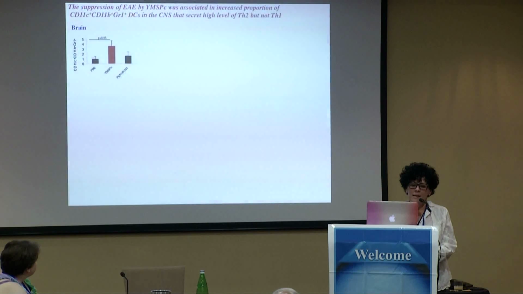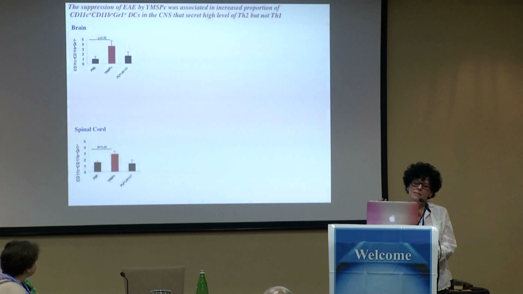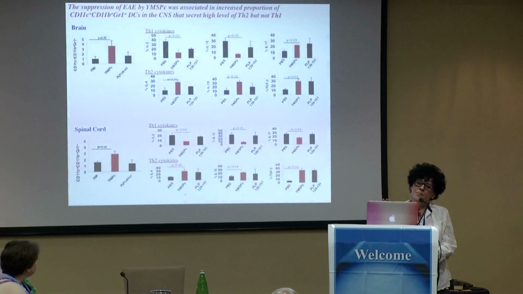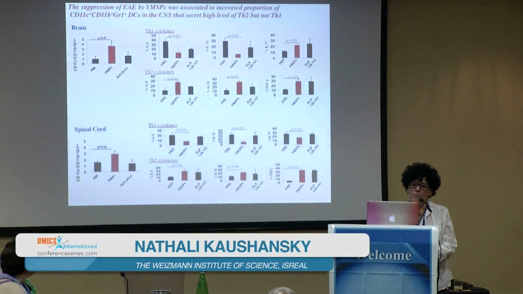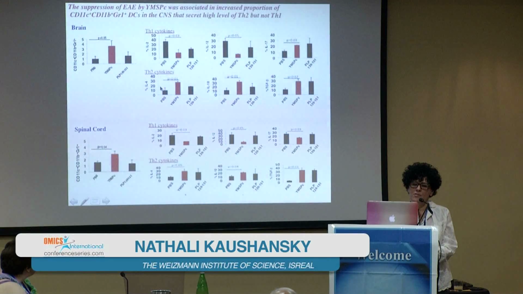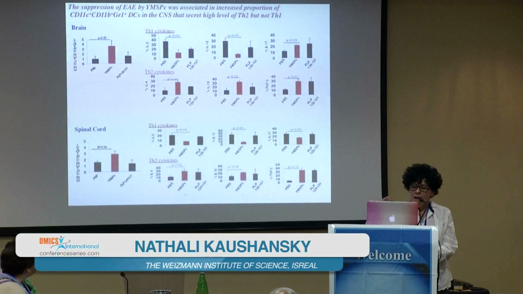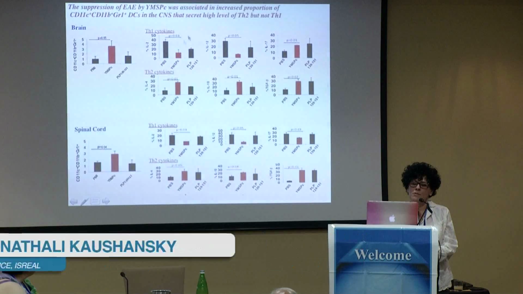So I now analyzed the proportion of CD11c, CD11b, GR1 in the CNS and their Th1 and Th2 cytokine profile. You can see here that following administration of YMSPC, there is strong upregulation of anti-inflammatory cytokines and downregulation of the pro-inflammatory cytokines.